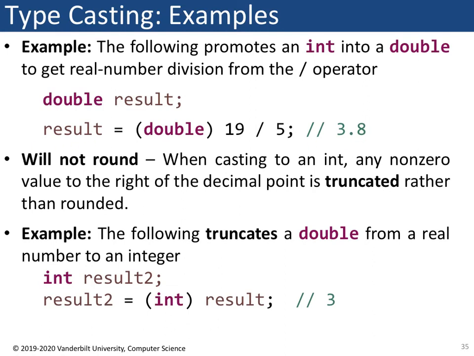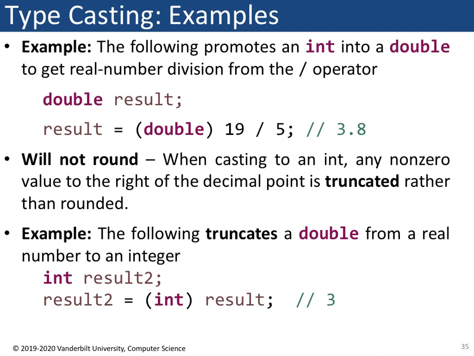Now, it's important to understand that typecasting does not round. Just as when we performed integer division, we didn't round, it truncated. Similarly, if you typecast a double into an int, the fractional portion will be truncated, not rounded. As an example of this, consider if we had the following situation where we declare another variable called int result2.